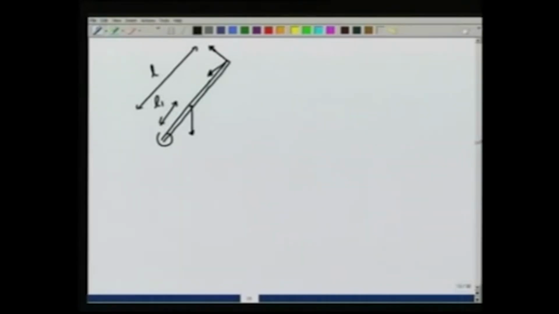We want to know the tension in these ropes, and what are the reactions here in x, y and z directions.